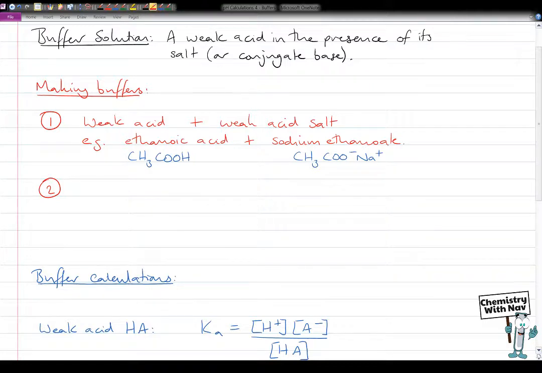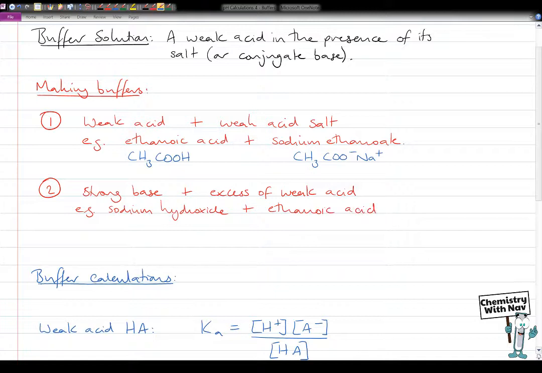The second method, which is slightly more roundabout, is by putting a strong base with an excess of weak acid. So we might choose sodium hydroxide, and let's use ethanoic acid again.